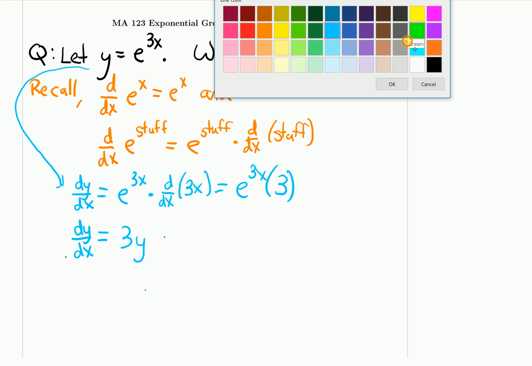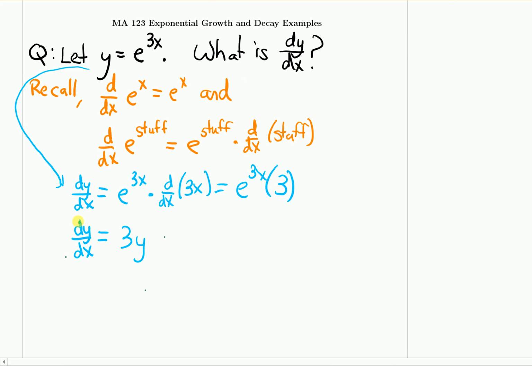And then, I know that the derivative is the slope of the tangent line. So the left-hand side is the slope of the tangent line. So what this is saying is the slope of the tangent line equals 3 times the y coordinate, or the y value.